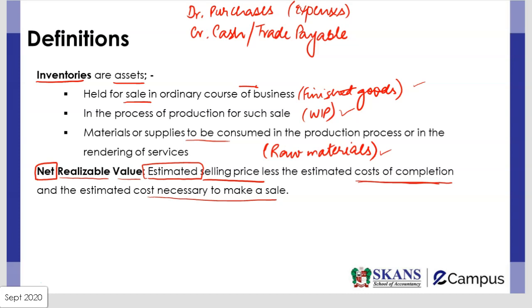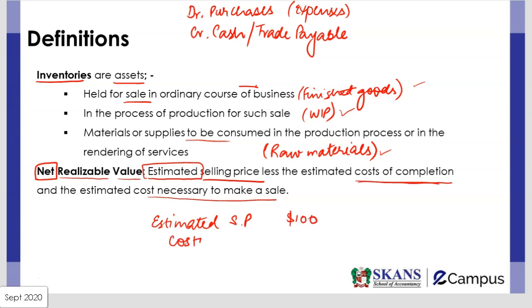So estimated selling price is calculated, estimated costs of completion are calculated, and if we have to make an expense to make the sale, for example paying an agent, etc., then that also should be deducted. This takes us to the net realizable figure. So for example, our estimated selling price was $100.